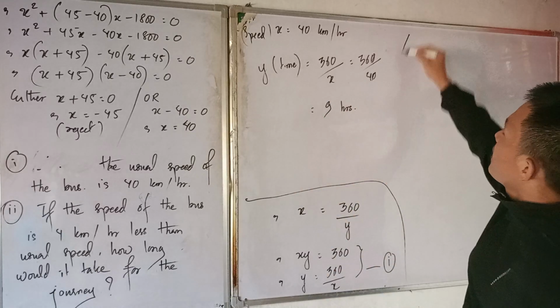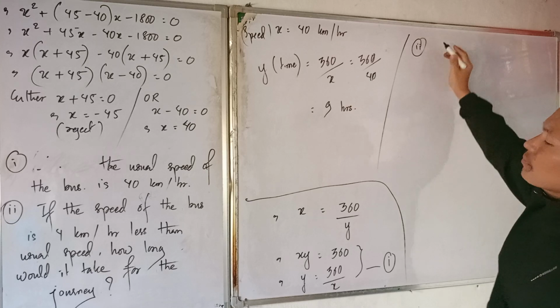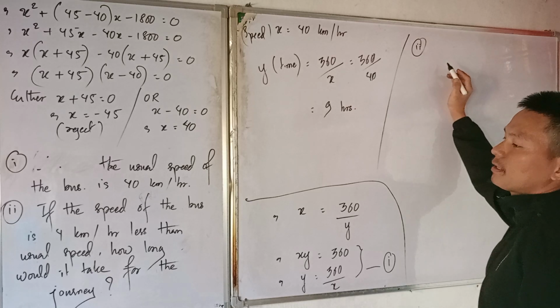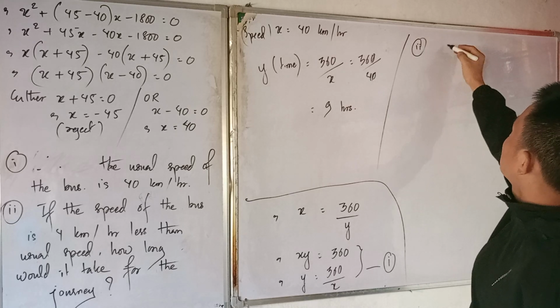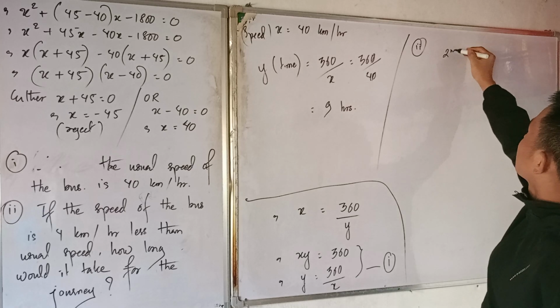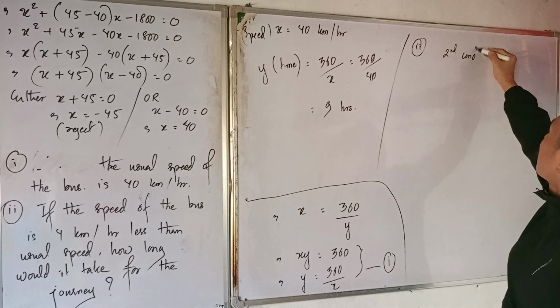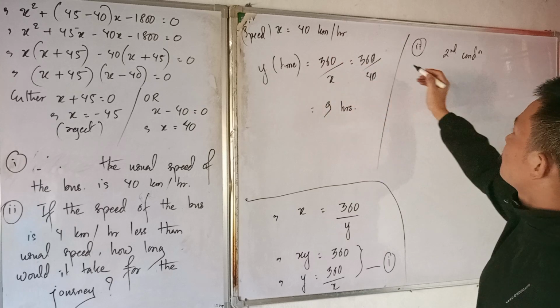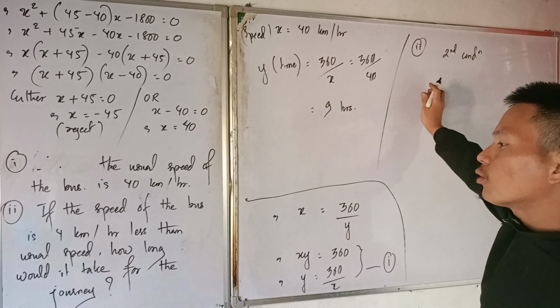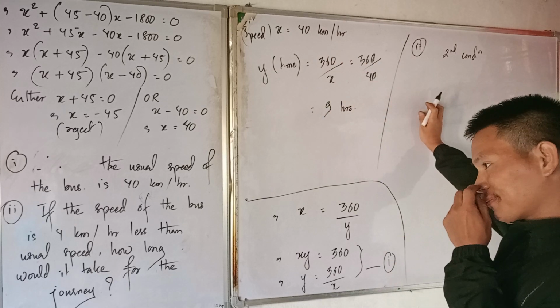But according to part two, if the speed of the bus is 4 kilometer per hour less, so second condition, how long would it take for the journey?